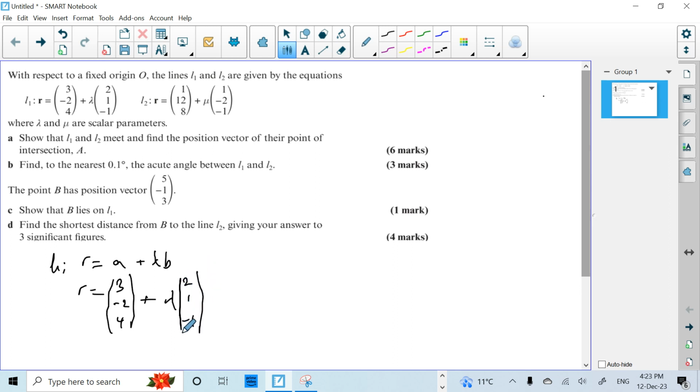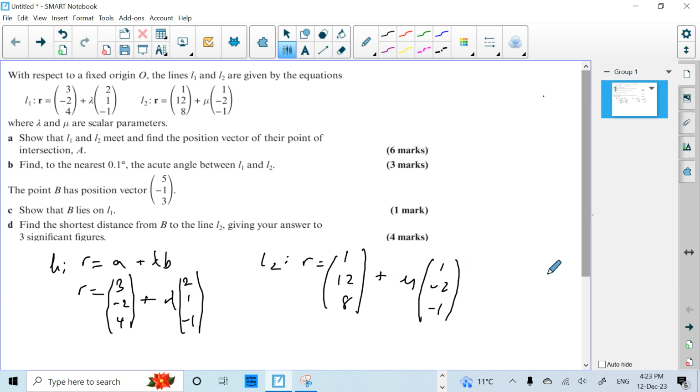Then I've got L2, which he also tells us is r is equal to (1, 12, 8), and I'm writing it out so that you can see the procedure, plus mu (1, minus 2, minus 1).